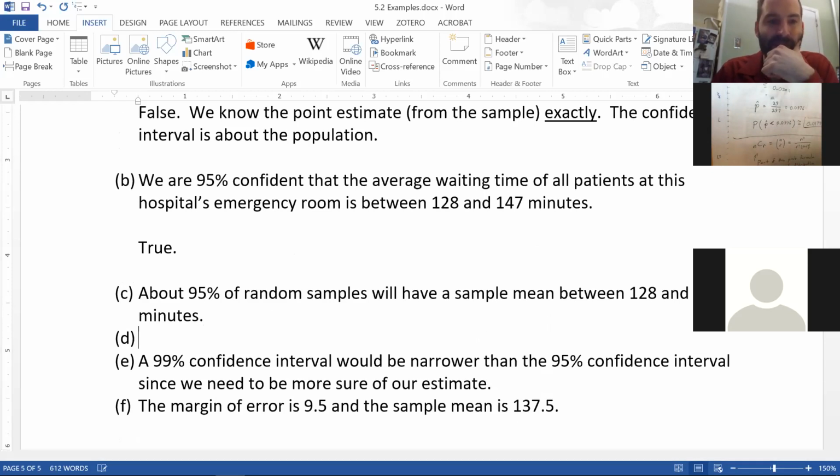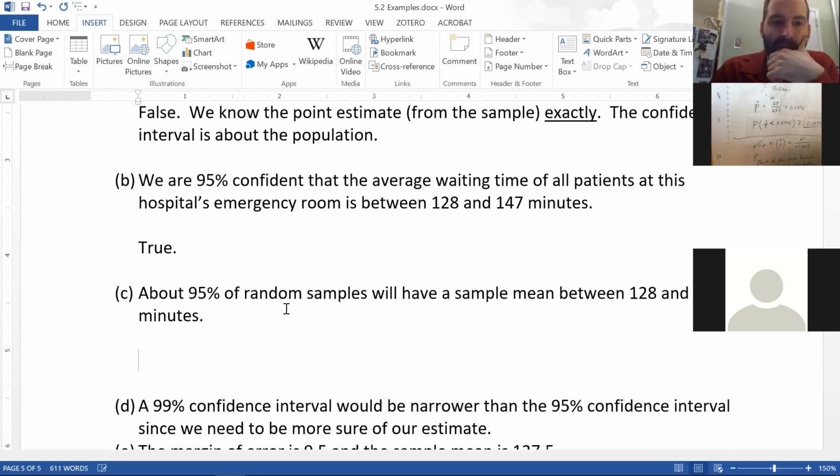What about part C here? About 95% of random samples will have a sample mean between this number and this number. All right, this one's tricky, and what a lot of people would say is true here, but the answer is false. What we're doing, we built a confidence interval around our point estimate.